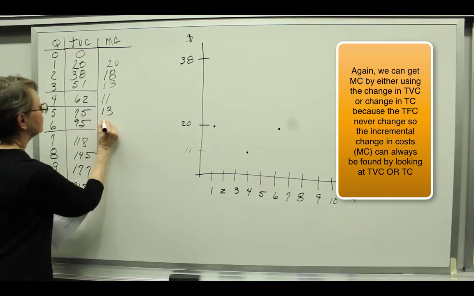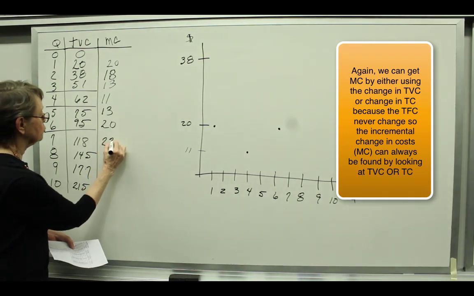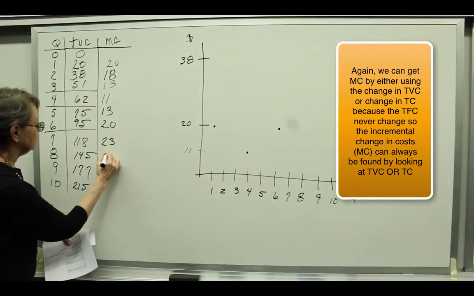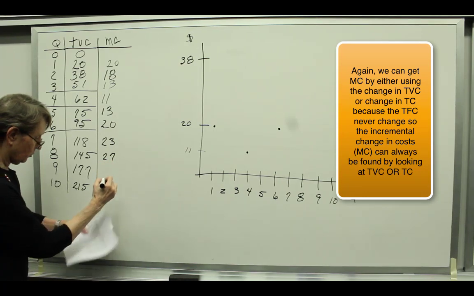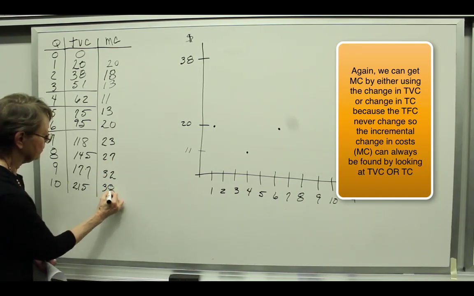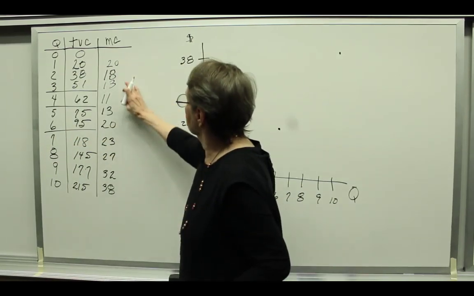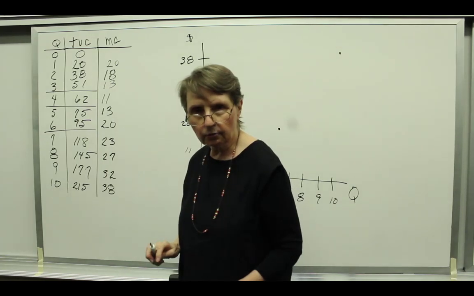The next one is $20, so my marginal costs are continuing to increase. 23, 27, 32, and 38. So let's talk about why marginal costs would at first decrease and then increase.